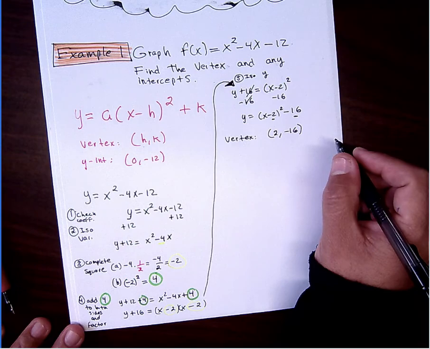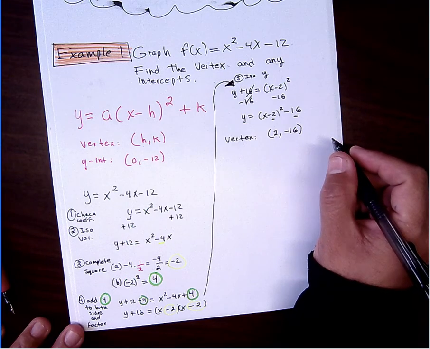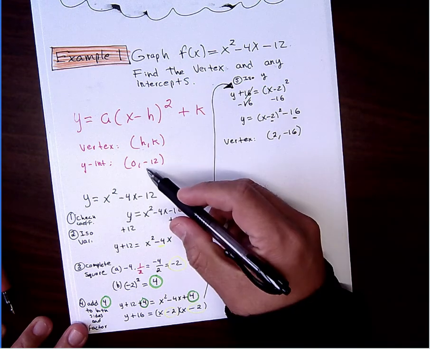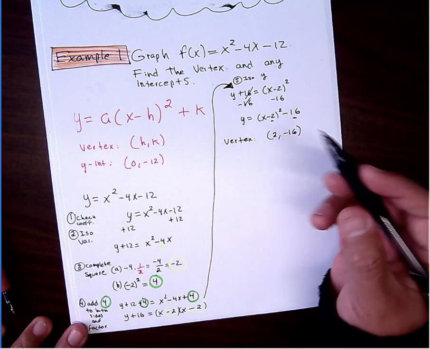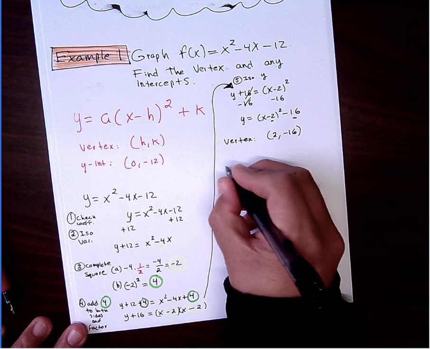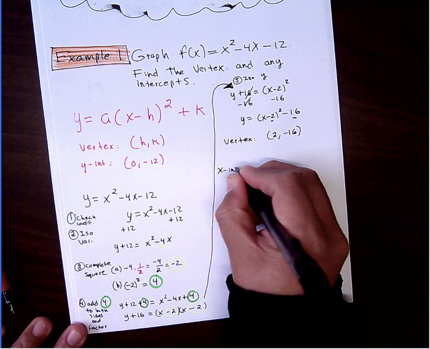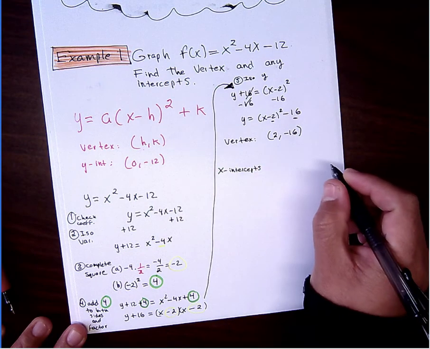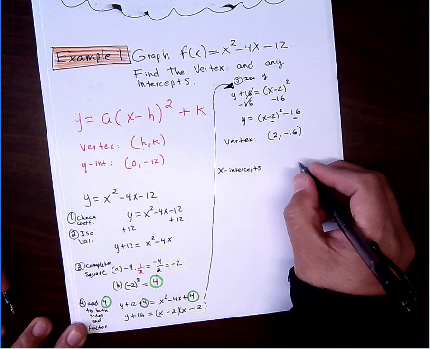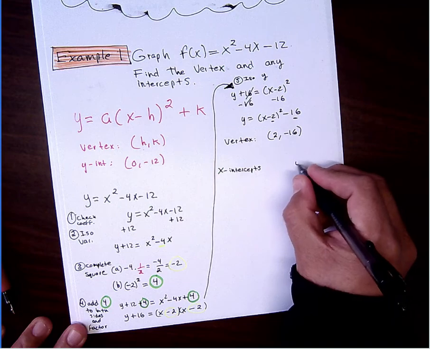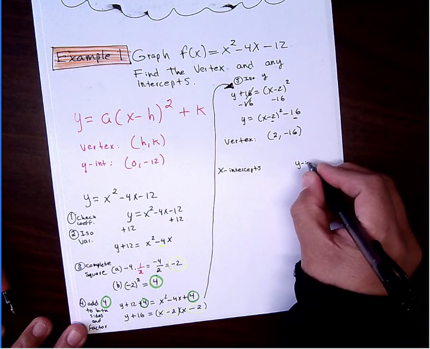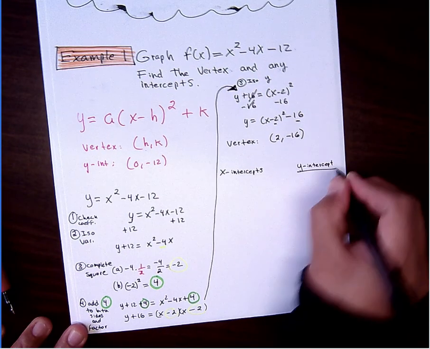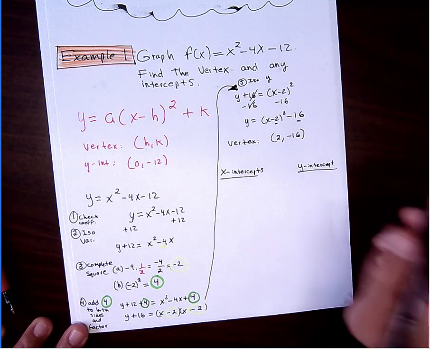So that would be the vertex. What else do we need to graph? We have the y-intercept. The other thing we need is the x-intercepts. I'm going to do it like the book has it, but for some reason they didn't use that one.